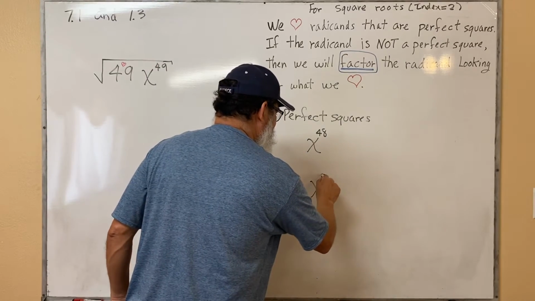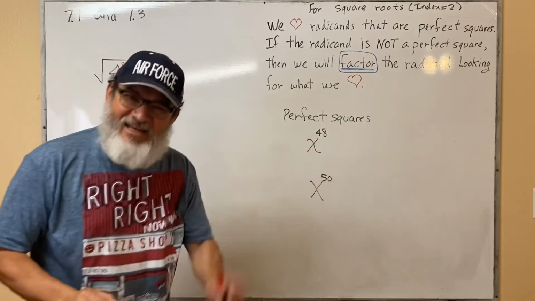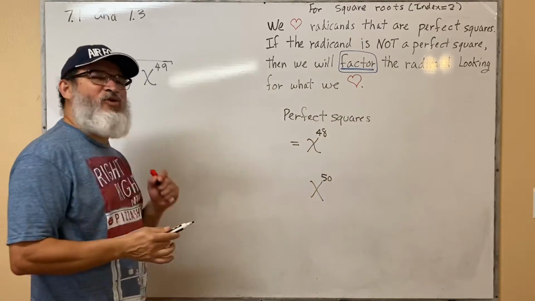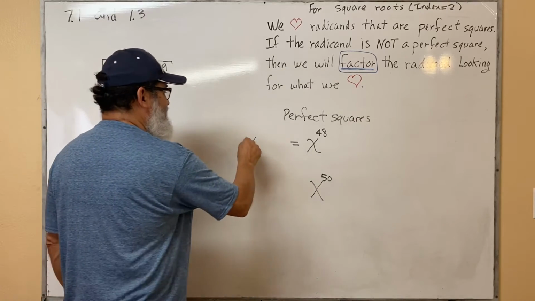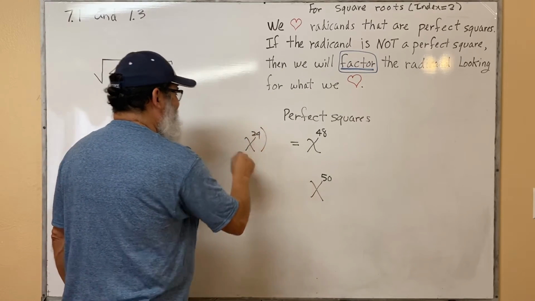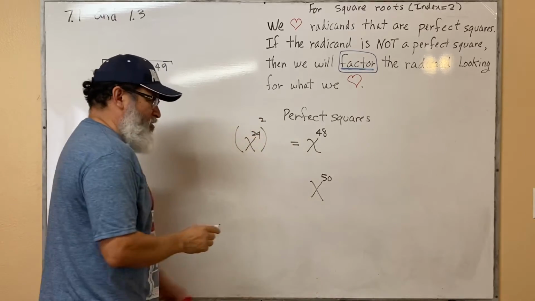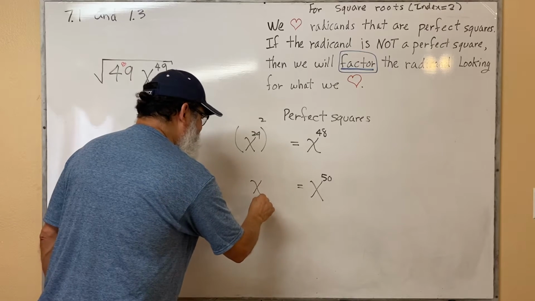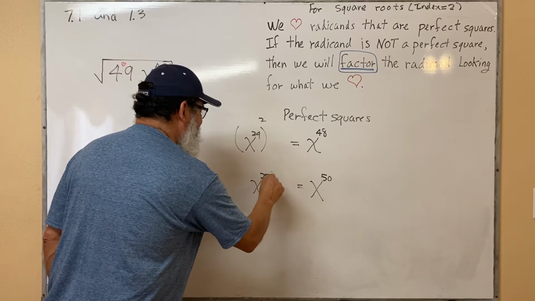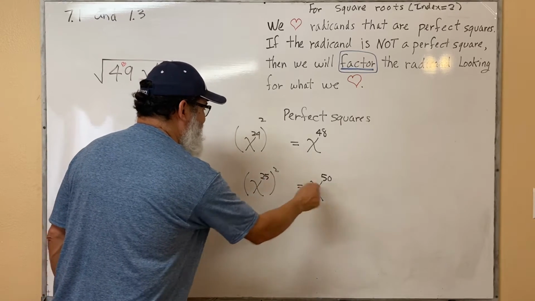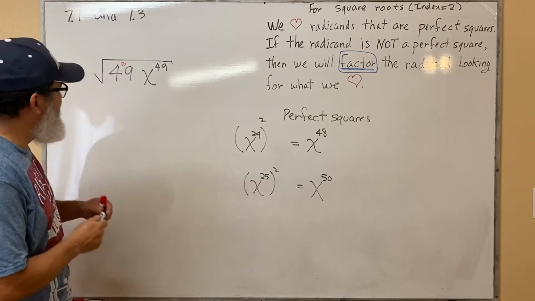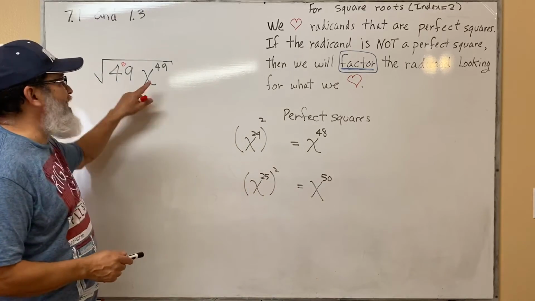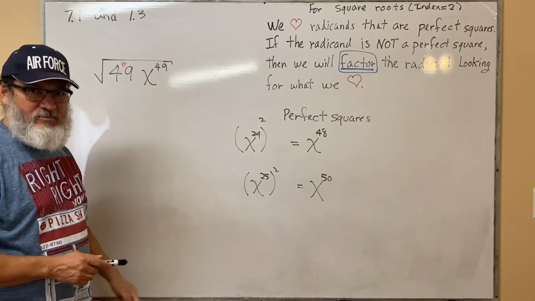X to the 50th is a perfect square. What has been squared for x to the 48th? X to the 24th has been squared. What has been squared for x to the 50th? X to the 25th has been squared to get x to the 50th. But x to the 49th is in between. X to the 49th is not a perfect square.